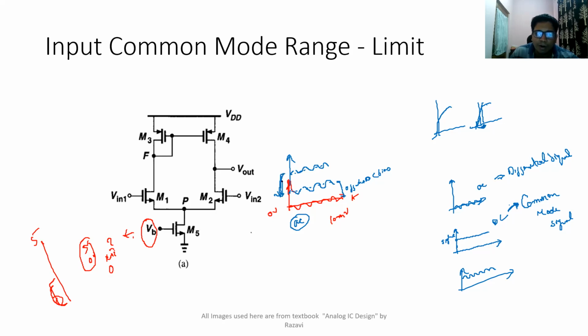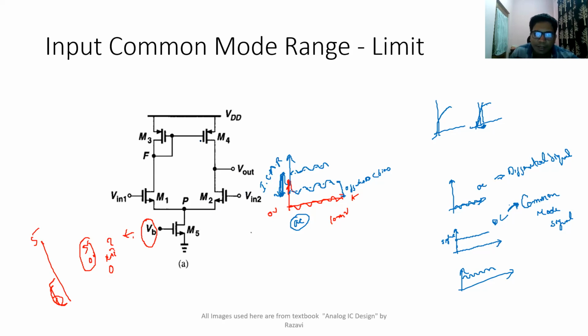So this common mode range, the range over which you can vary the common mode signal such that it gets amplified by the same amount, is called the input common mode range, or ICMR. This is one of the very important criteria you should use while designing the differential amplifier. Now there is one more limitation.